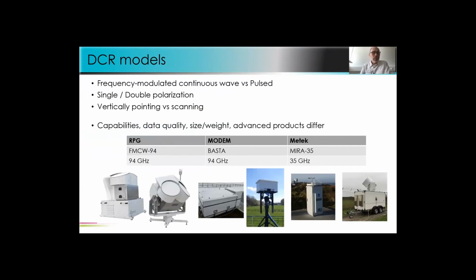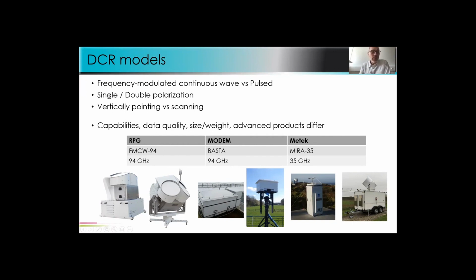There are several types of cloud radars, typically operating either using continuous waves that have to be encoded using, for instance, frequency modulation, or pulsed waves where each pulse is independent from each other.